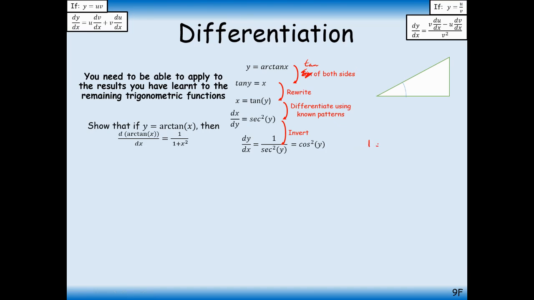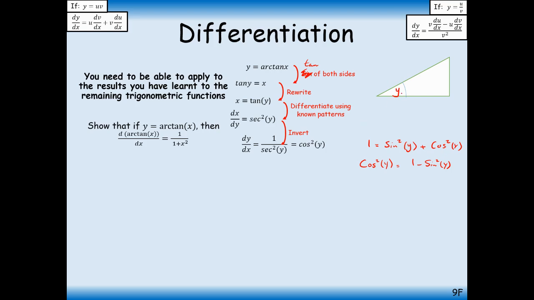If you think about 1 being equal to sine squared of y plus cos squared of y, it's not hard to do some rearrangement of this formula, and we get cos squared of y being equal to 1 minus sine squared of y. And looking at the first line here, sine squared, how can we figure out the sine of y?